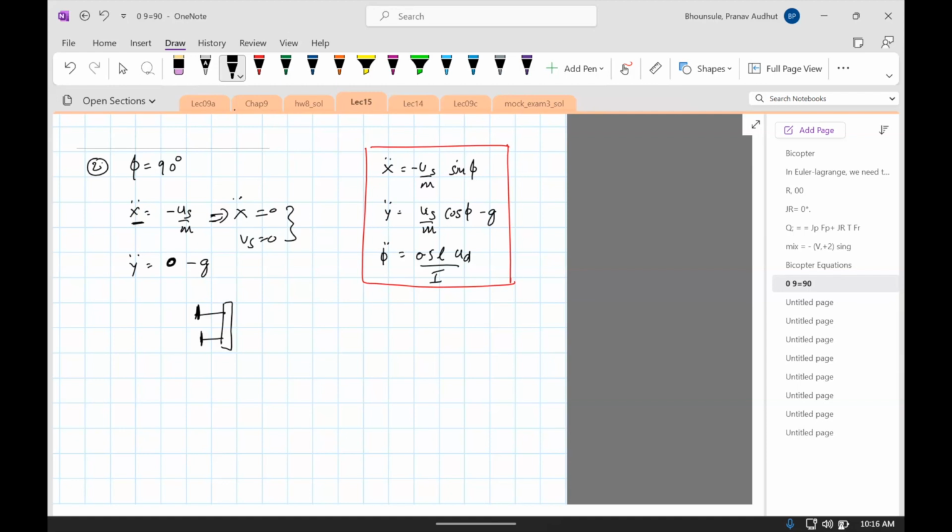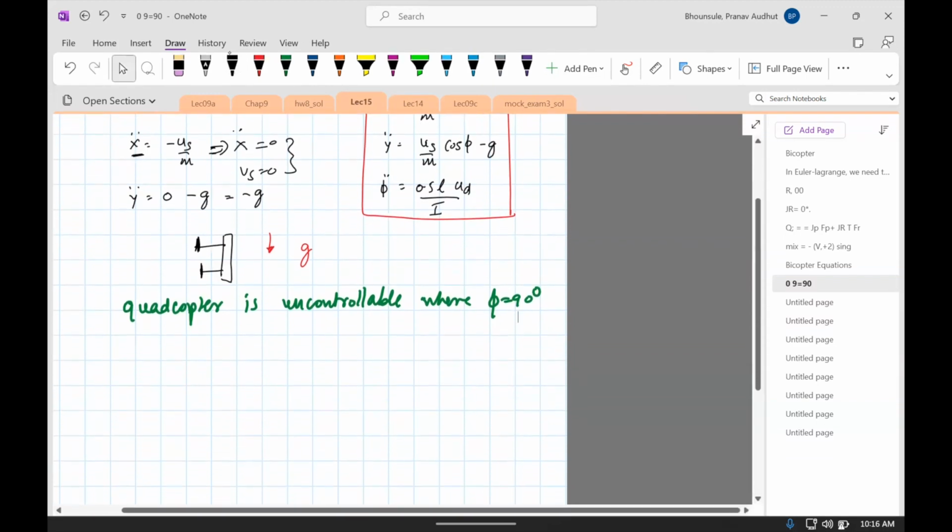You have no control over y double dot. Y double dot is simply minus g. So no matter what, you really can't do anything about the quadcopter just going down. You cannot control the system. The system is uncontrollable in this configuration. The quadcopter is uncontrollable when phi equals 90 degrees. So you just don't want the quadcopter to be in a 90 degrees position because you just cannot control it. You always want to keep it upright.